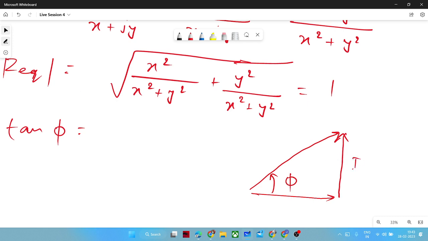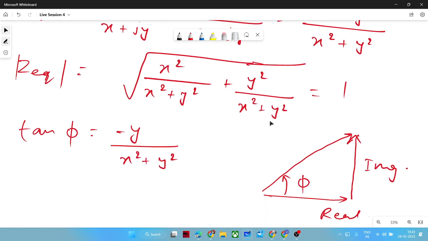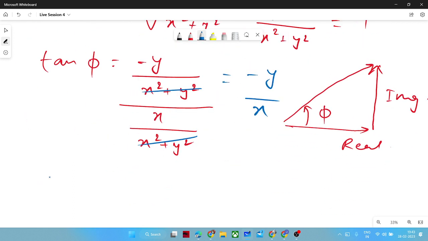So imaginary by real will be your tan phi. The imaginary term is minus y divided by x square plus y square, and the real term is x divided by x square plus y square. So these terms will be cancelled. So it will be minus y by x, and you can write phi is equal to tan inverse of minus y by x.